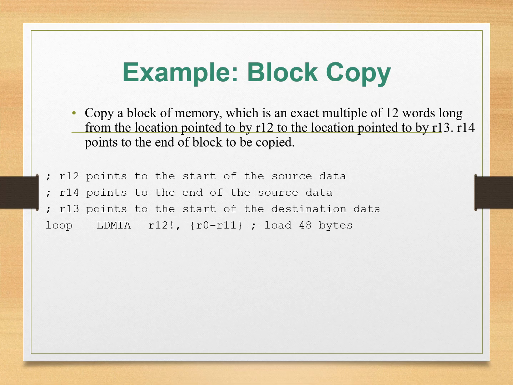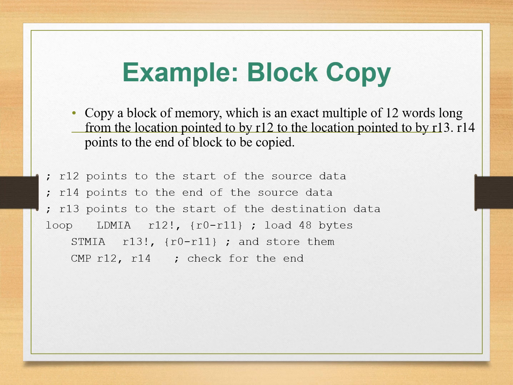Why 48? Each register contains 4 bytes, and 4 multiplied by 12 is 48. Then you store it at the location pointed to by R13, from R0 until R11. This is done one by one.